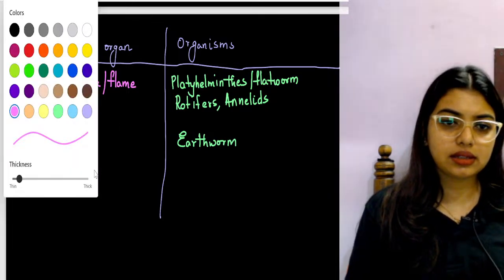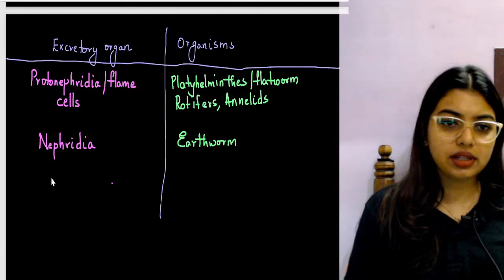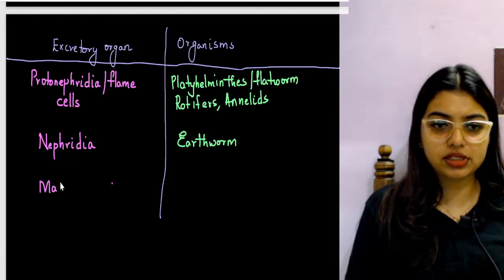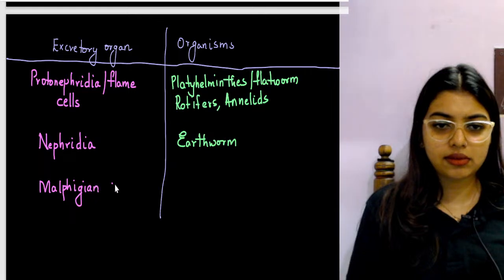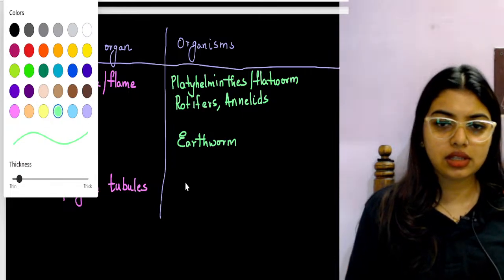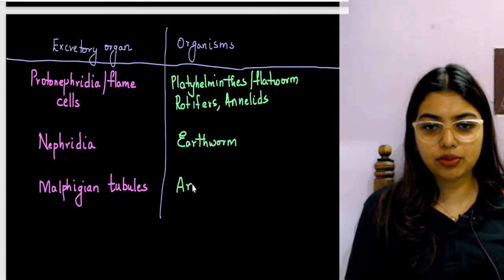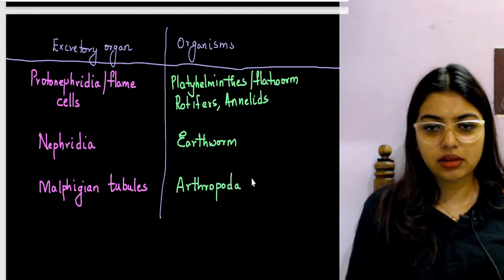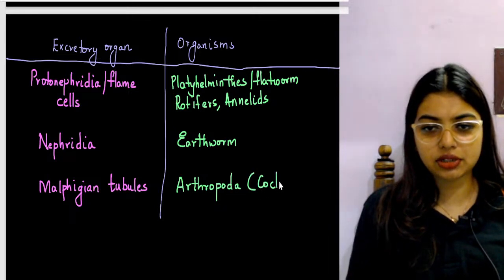Next one is going to be Malpighian tubules. It is going to be your arthropoda, some arthropoda, especially your cockroach is mentioned.